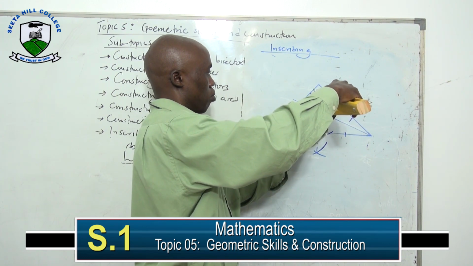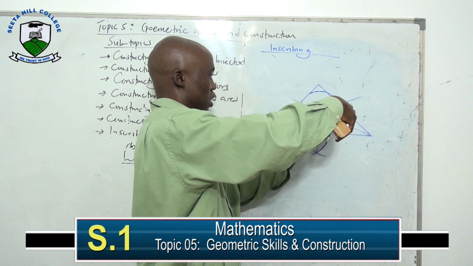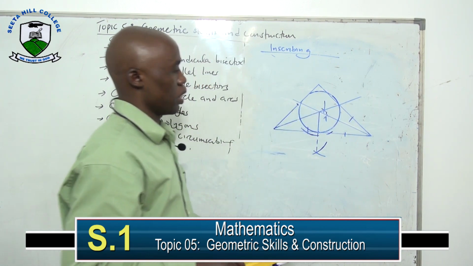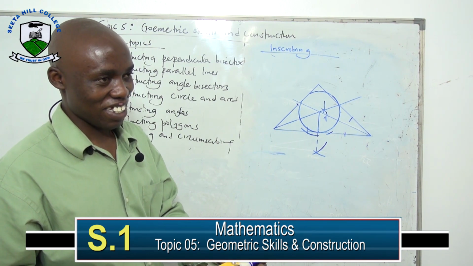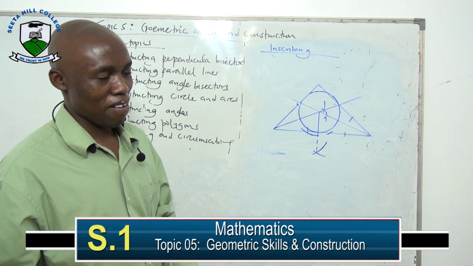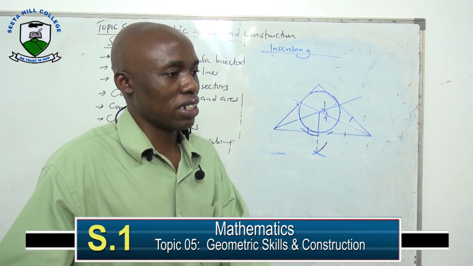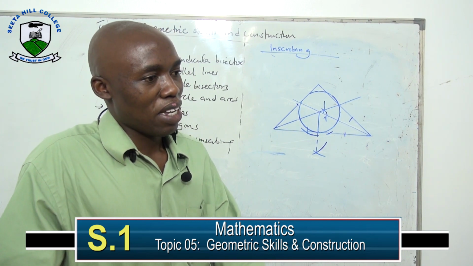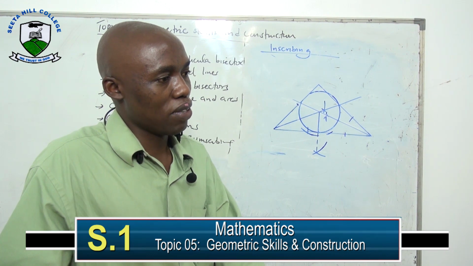You don't assume. You see, I have not been accurate. My things have been moving from place to place. Is there by any chance that a circle may not touch all sides of the triangle? It is there, like mine has not touched. Inaccuracies are due to that.